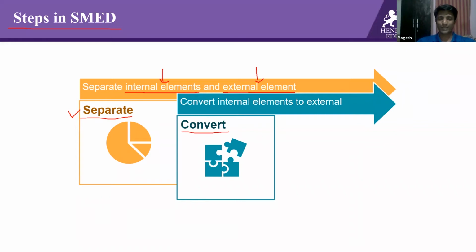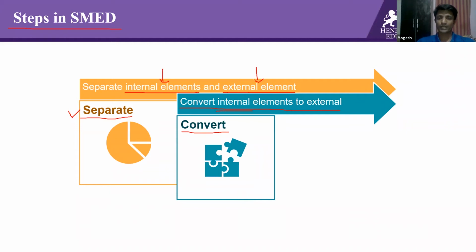The second step is convert. Now this is again very interesting. What we do in the second step is we convert internal elements to external elements. Here we challenge ourselves. We try to find ways by which the remaining internal elements, remember, remaining internal elements, not all, right?